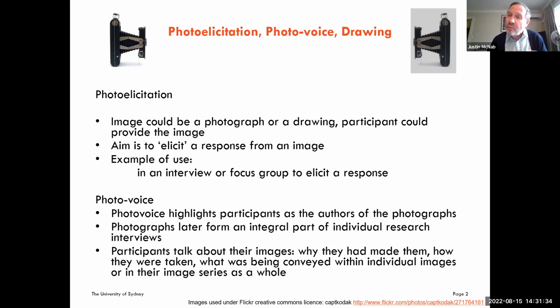As you may recall from the first lecture, visual methods can provide an insight that other methods wouldn't. So that's a good example, in the case of homelessness, of an interesting and perhaps unusual example that perhaps wouldn't be arrived at using other methods, perhaps not even interviewing or talking to the young man. So that's photo voice.